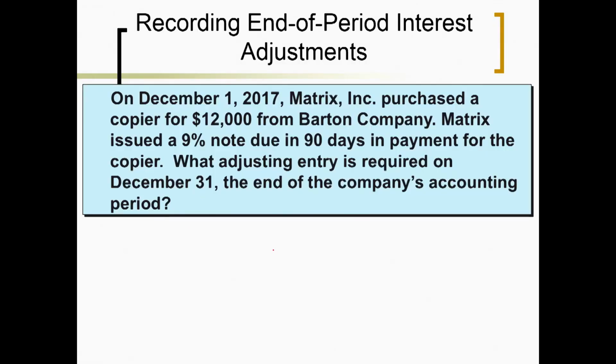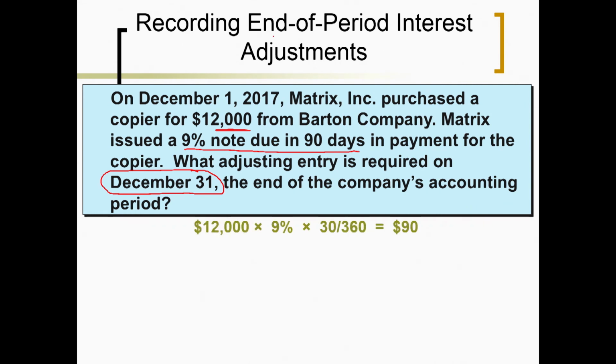On December 1 of 17, Matrix Inc. purchased a copier from us for $12,000. It's a 9% note due in 90 days. Now, December 31 is our year end. We have to do financial statements. So what is the AJE that we book on that date?